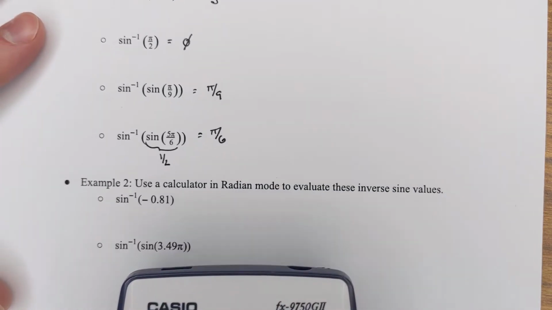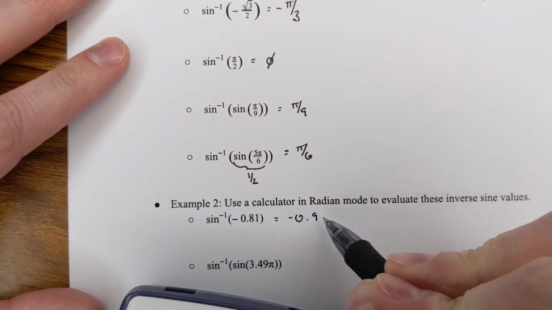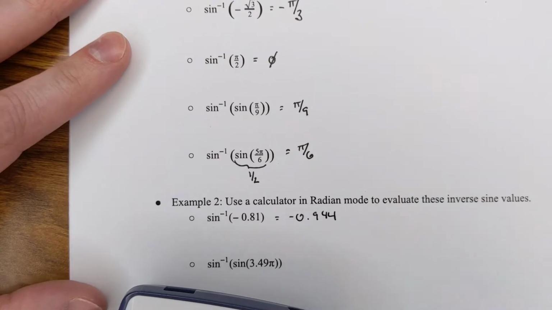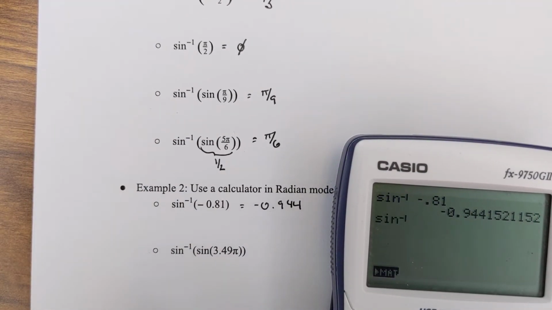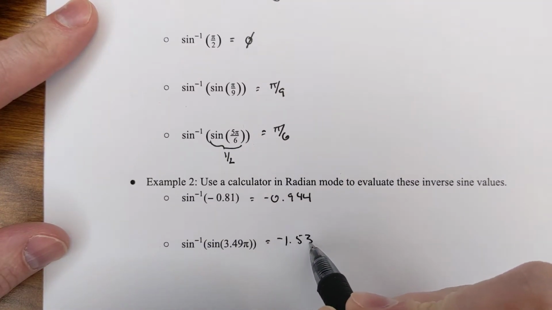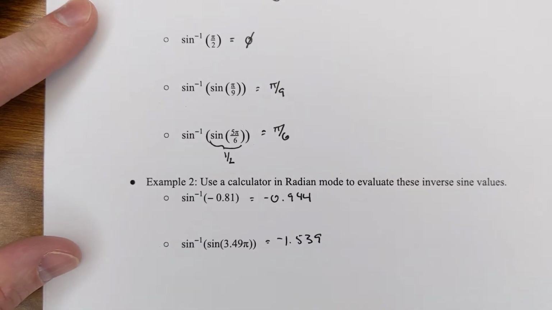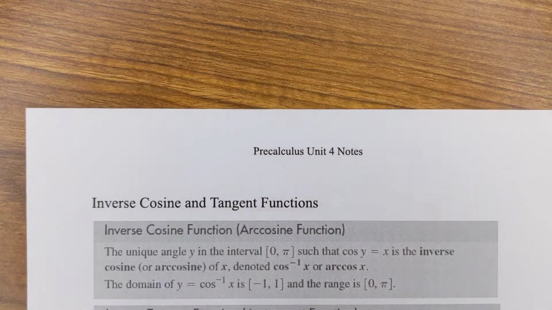I'm in radians, so this is negative 0.944 radians. Down here, let's try this one. The inverse sine of the sine of 3.49 is negative 1.539. That's my answer. No degree symbol, because these aren't degrees, they're radians.